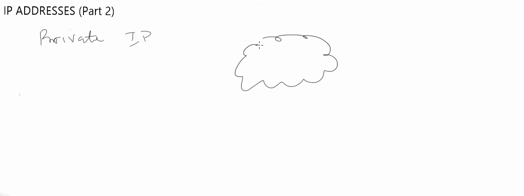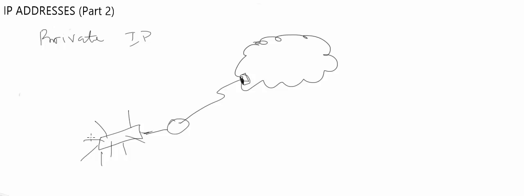How do I mean? Let's take for example, this is the internet. Your ISP is here. It connects to your router, which connects to your switch, and you have devices connected to your switch one way or the other, either using wireless or whatever you want to use.